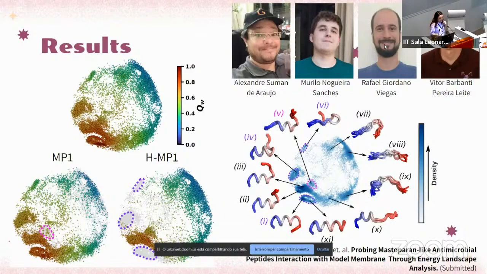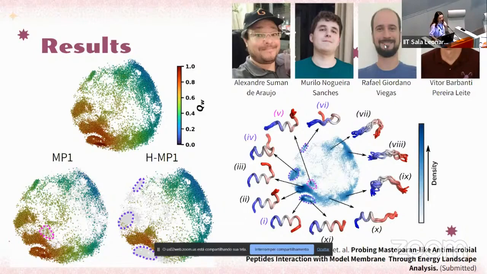So the pink one is a population that has more dots in HMP1 than MP1, but it does not belong to the fully folded basin that corresponds to the structures that are more active, that I'll show you later.